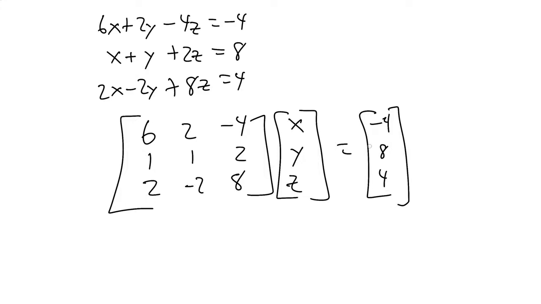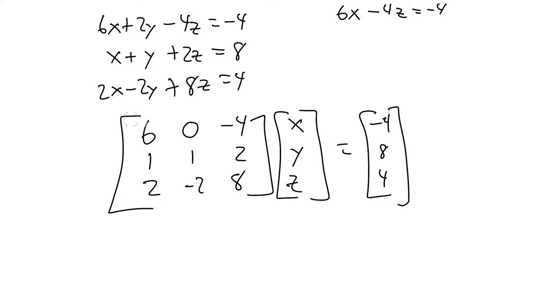Now, by the way, just before I continue to crank this out, notice if we said, what if it was 6x minus 4z equals negative 4? Hopefully it's obvious to you. I would have had to make this first row here be a 6, 0, negative 4, right? Because if you're missing any variables here, that simply means that that variable is really 0, because what I'm saying here is 6x plus 0y minus 4z, right?